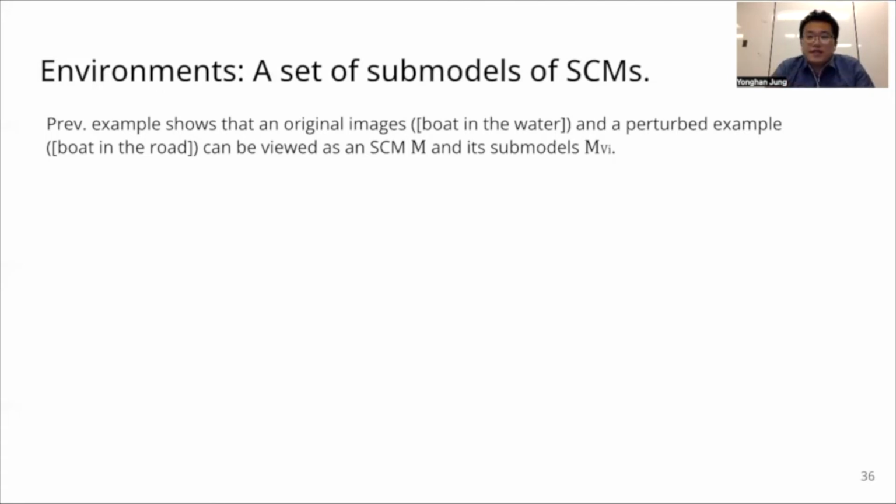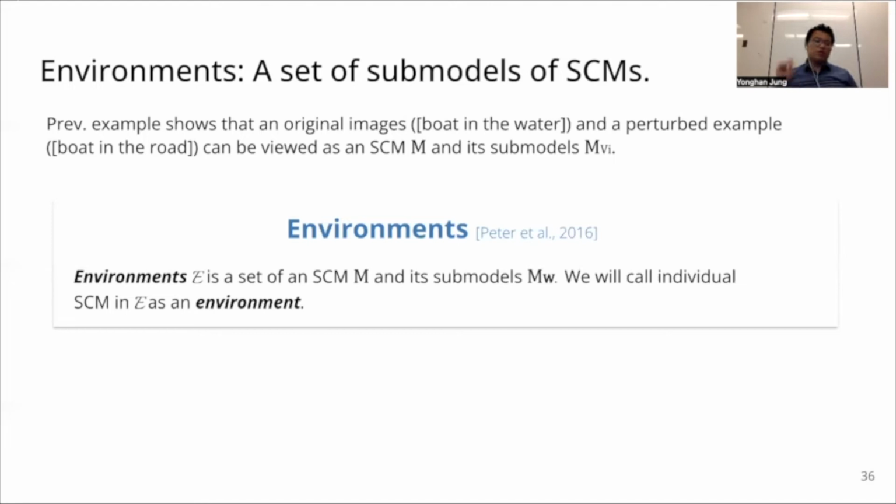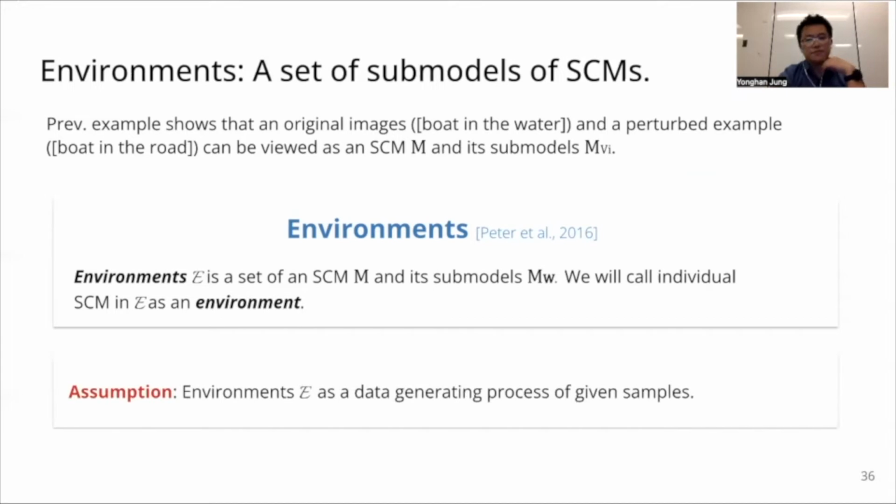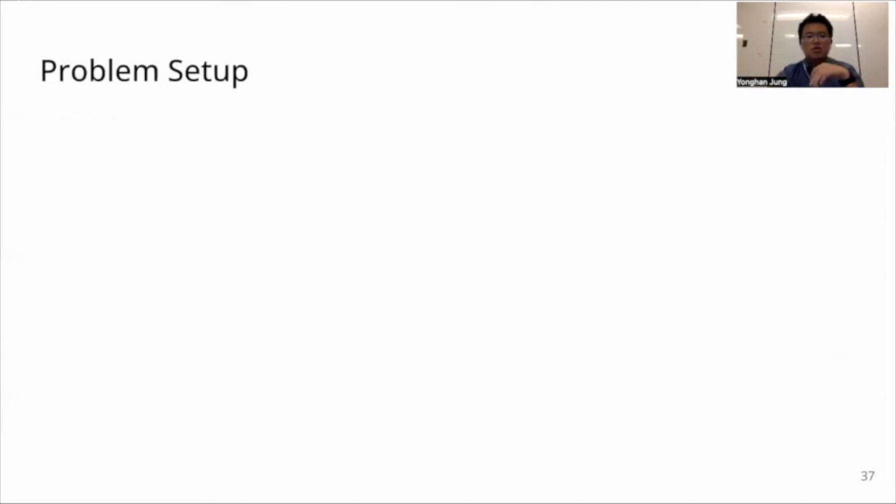What we have seen in the previous example is that the image with the boat in the water and the boat on the road can both be generated from the structural causal model. So this environment, which is a set of the structural causal model and the set of the Sum models, are data generating processes.